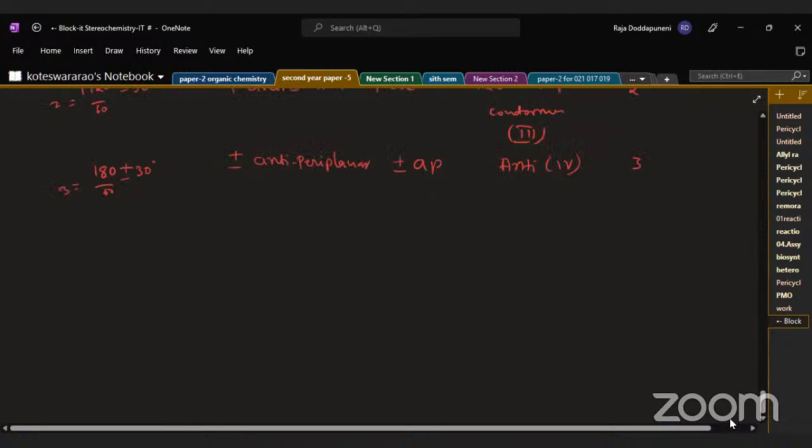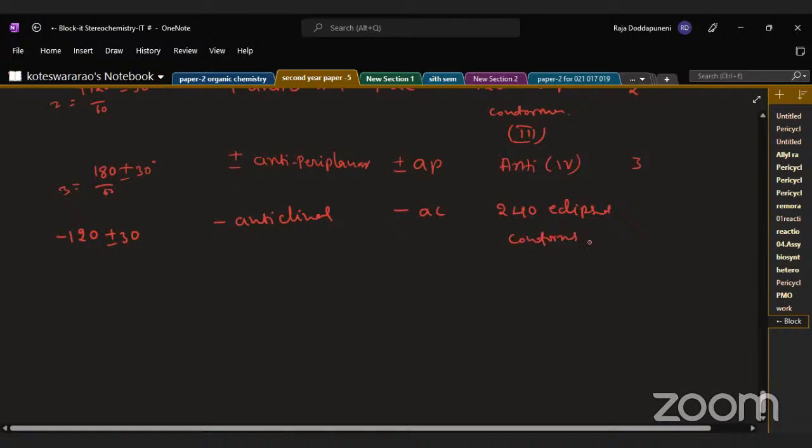Next. Again the minus 120. The angle is considered minus 1 plus or minus 30. That is known as anticlinal, that is minus anticlinal, minus AC. It is known as 240 as per the dihedral angle, 240 eclipsed conformer.